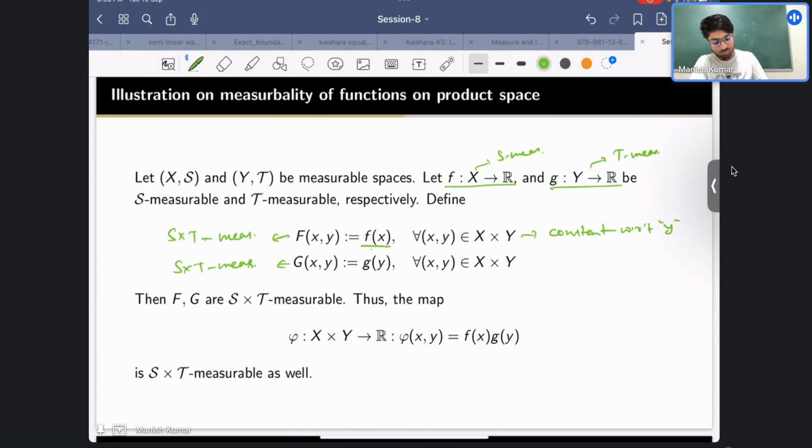The moment you say that both the functions are S cross T measurable, their product is also S cross T measurable. So f(x) times g(y), define this as phi(x, y), is S cross T measurable.